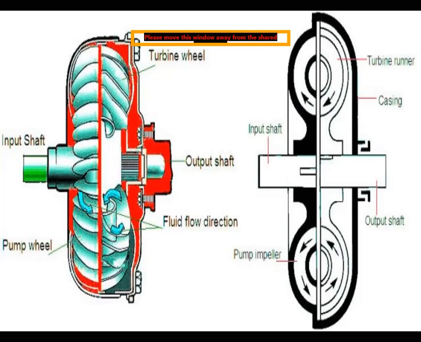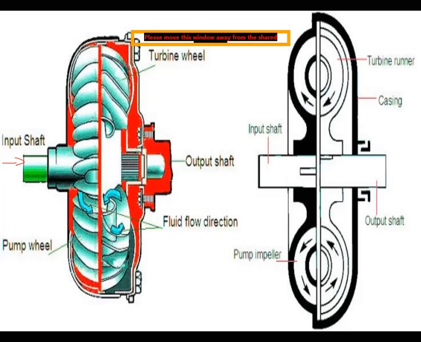Already I said there is a fluid inside the housing, mineral oil. Oil is one kind of fluid which is already filled inside the housing. Whenever the power comes from the engine through this shaft, the shaft rotates. Once the shaft rotates, the pump also rotates.